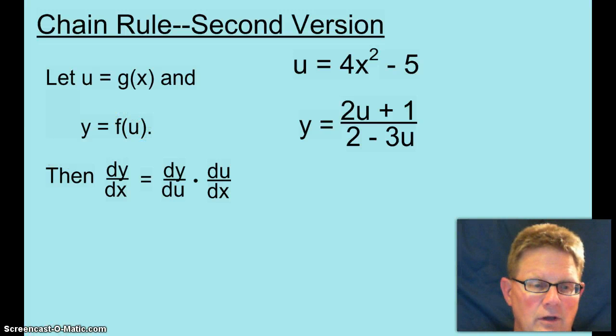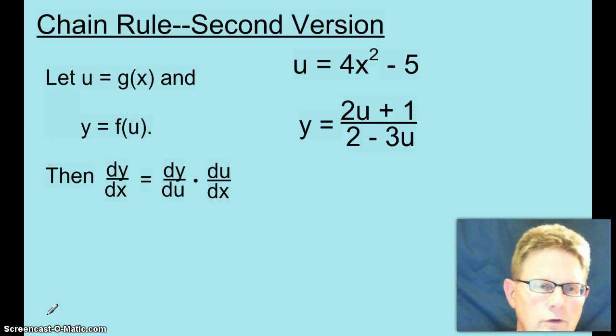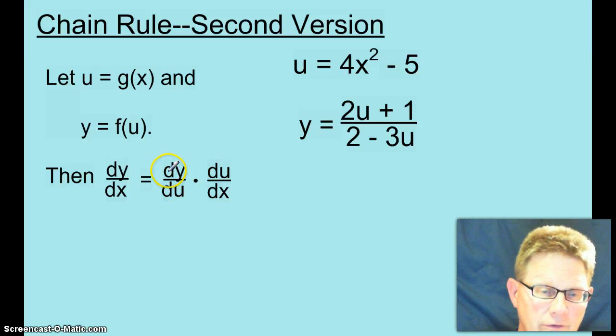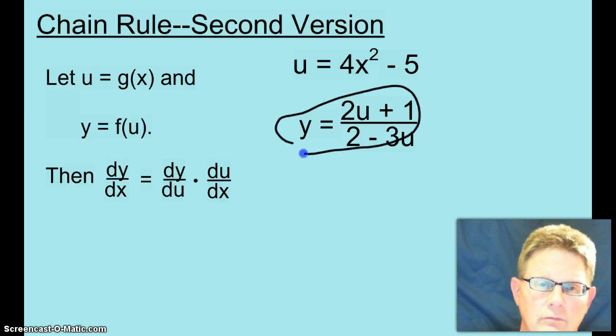Let's pause for just a second. So dy/dx is going to equal dy/du, the derivative of y with respect to u, times the derivative of u with respect to x. So let's find out what dy/du is first.